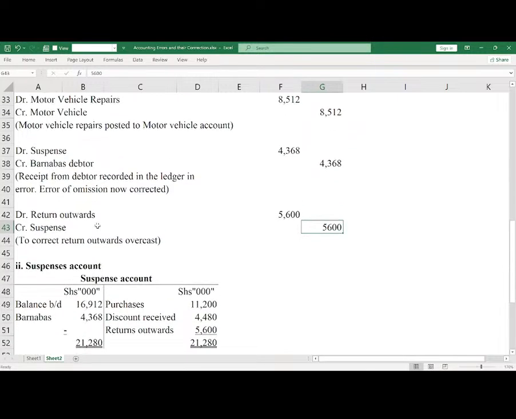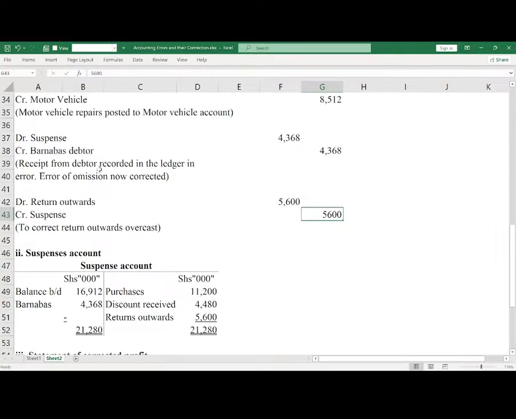Then we also have Barnabas. This one was an error of omission, so we are not going to include it on the credit side; this shall be on the debit. Then we also have the return outwards, 5,600.